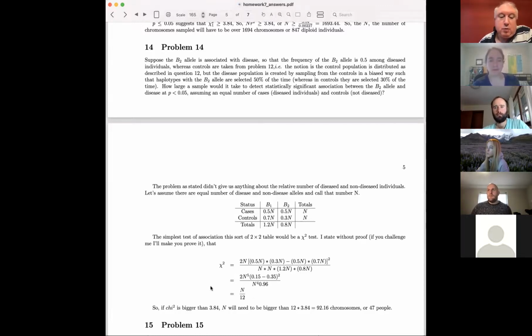So if you were looking for a chi-squared value of 3.84, you'd end up with 92-ish chromosomes, or 47 people in cases and 47 controls or something like that. Or if you're looking for a bigger chi-squared, you'd end up with more people. Is that all clear? Taylor?